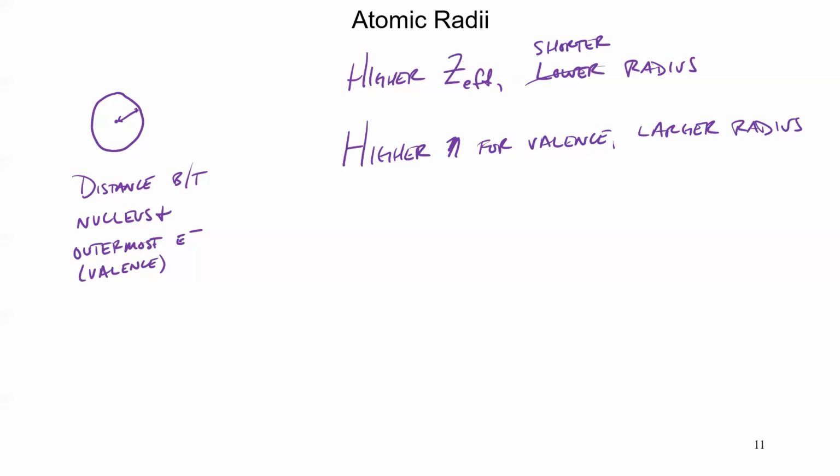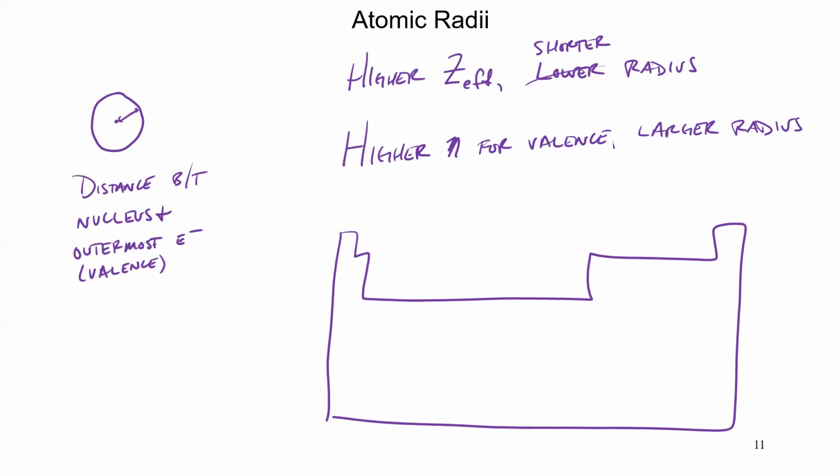And so Z effective, we just said, increases which direction on the periodic table? Left to right, right to left. Go back a slide if you need to. Left to right? Yeah. So I'm going to sketch out a little periodic table here. Right. Since Z effective increases from left to right, which direction does the radius increase?